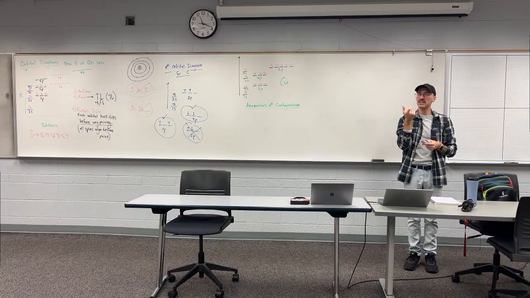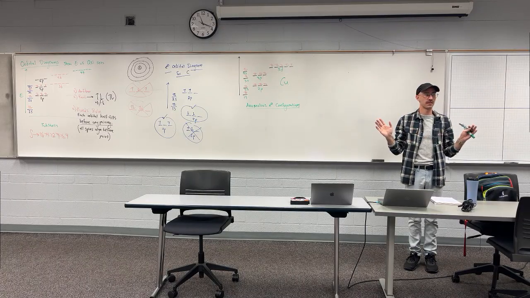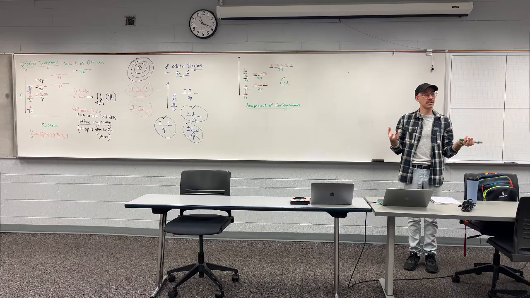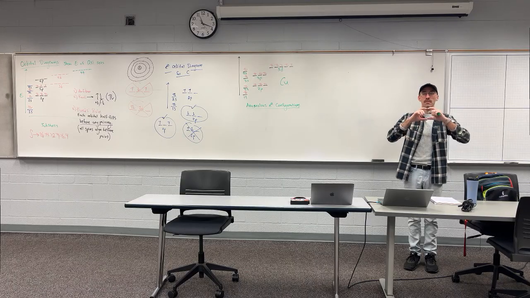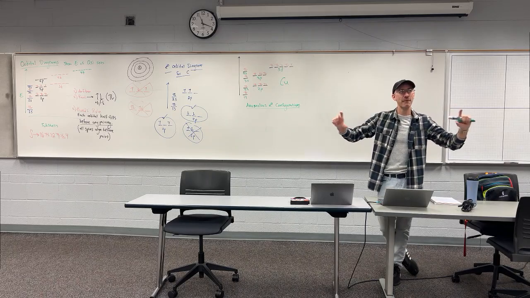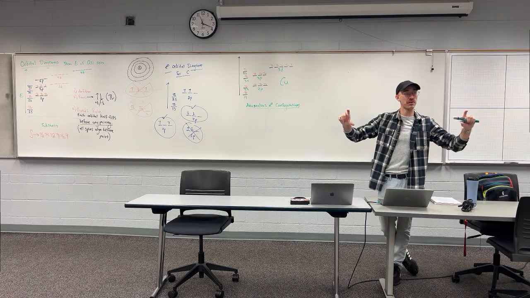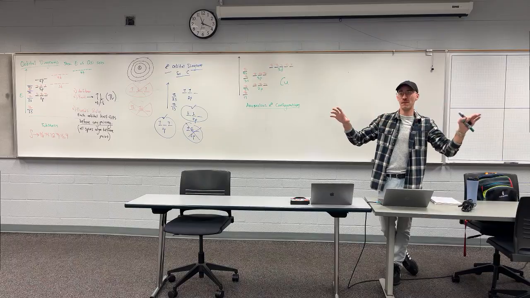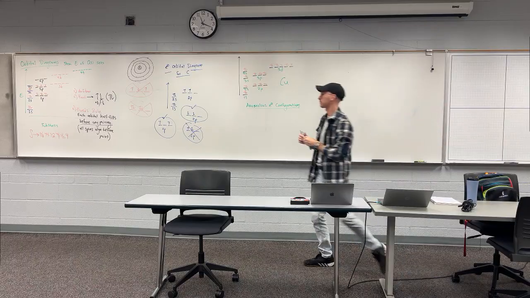There is a stability that comes, and you can ask the atoms why they feel this. There is a stability that comes from having completely half-filled subshells or completely filled subshells.